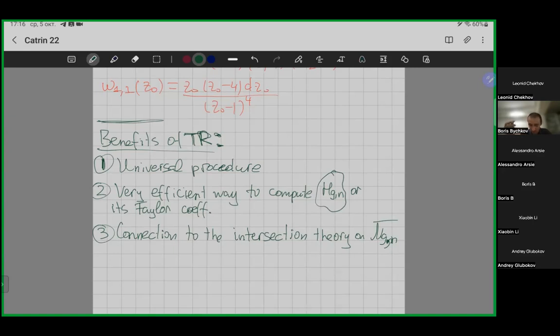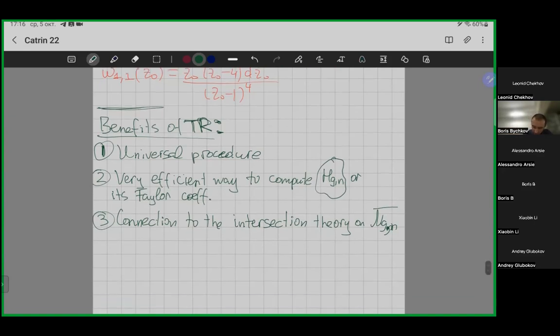And in the case of simple Hurwitz numbers, it's the famous DLSV formula.